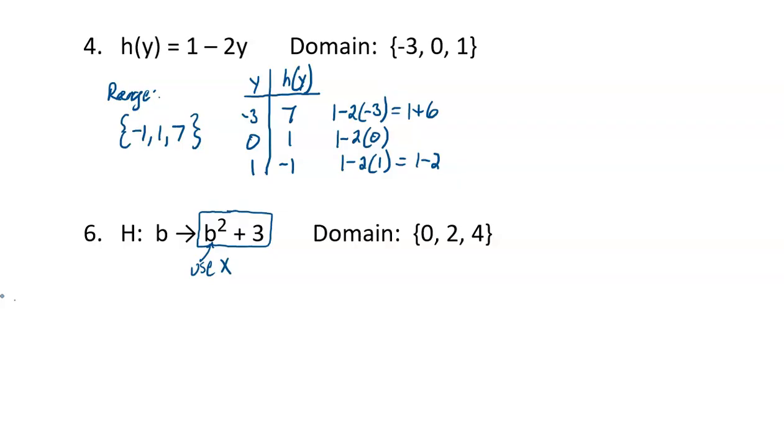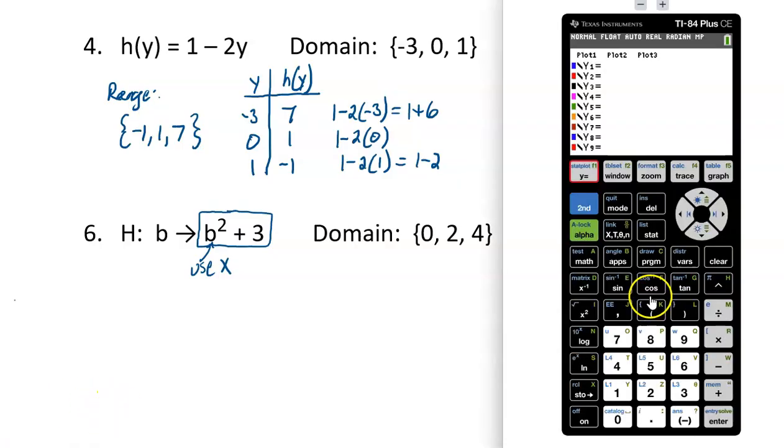For problem 6 on the calculator, we're going to use the letters x and y, but realize that in number 6, the letters are b and h. To type x, you use the button that's right next to the green key. When you push it, it puts an X on the screen. Now I want to square it. That's down the left side of the calculator.